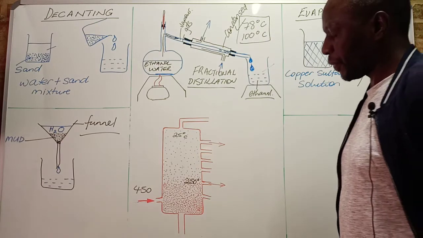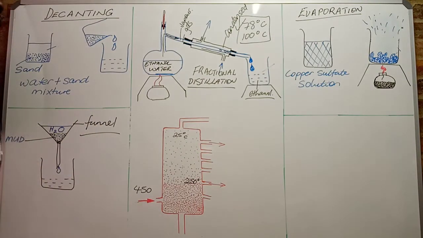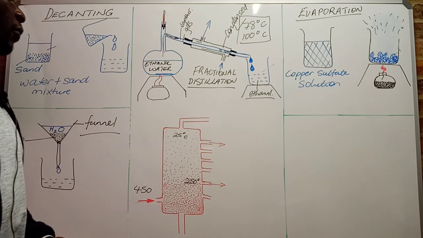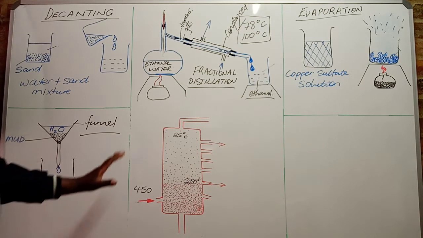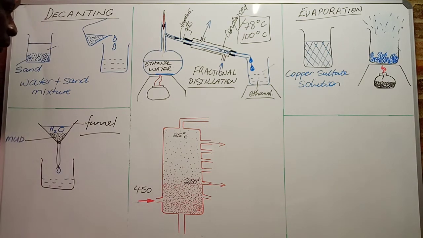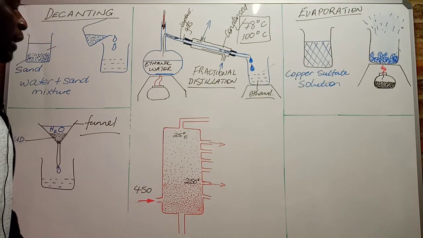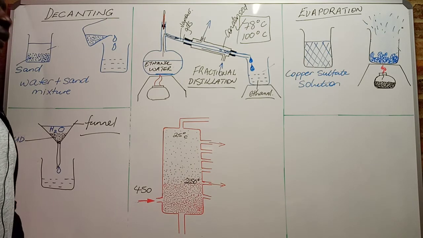Now, the same method of fractional distillation is the one that is used in the manufacture of diesel and petrol. We must remember that diesel and petrol are crude oil fuels. Crude oil is a type of fuel that is mined from the sea.